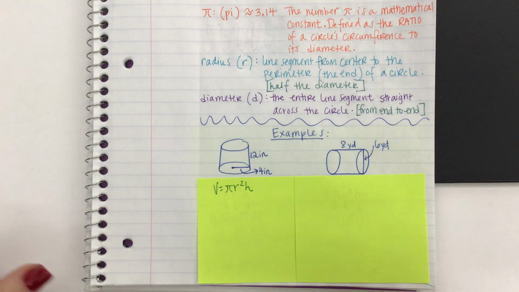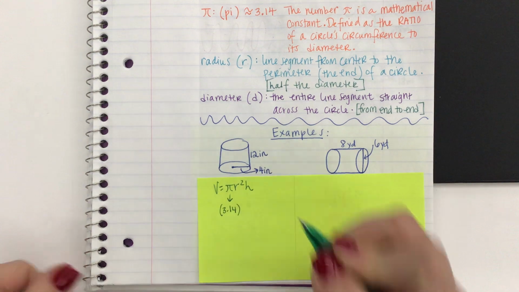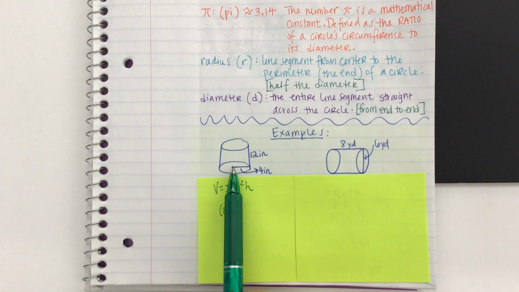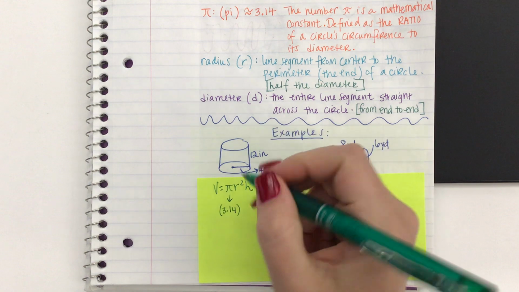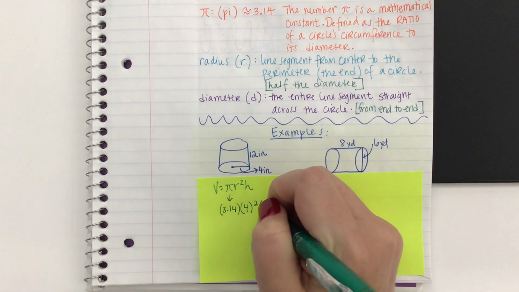So I know that pi is always equal to 3.14. That never changes. It's approximately equal, okay? In this example, our radius is whatever is in the circle. So in this case, from the center to the end, we have the number 4. So I'm going to square it, 4 squared. And then I know my height is 12.